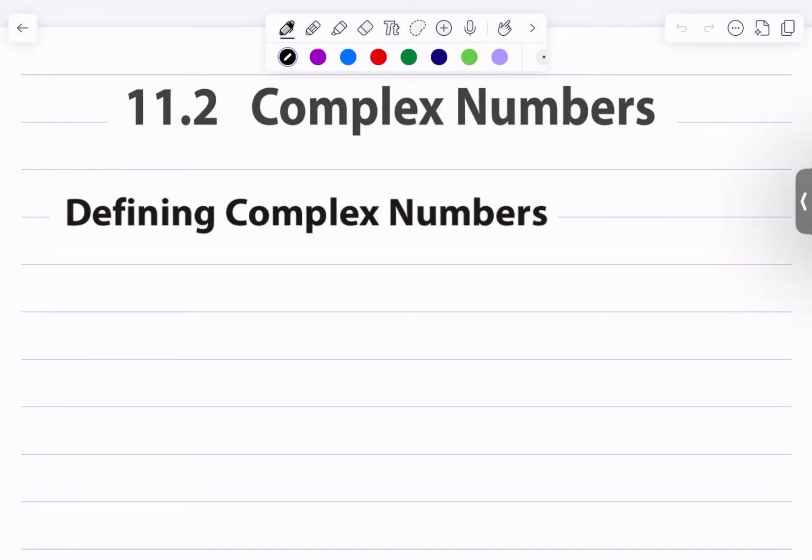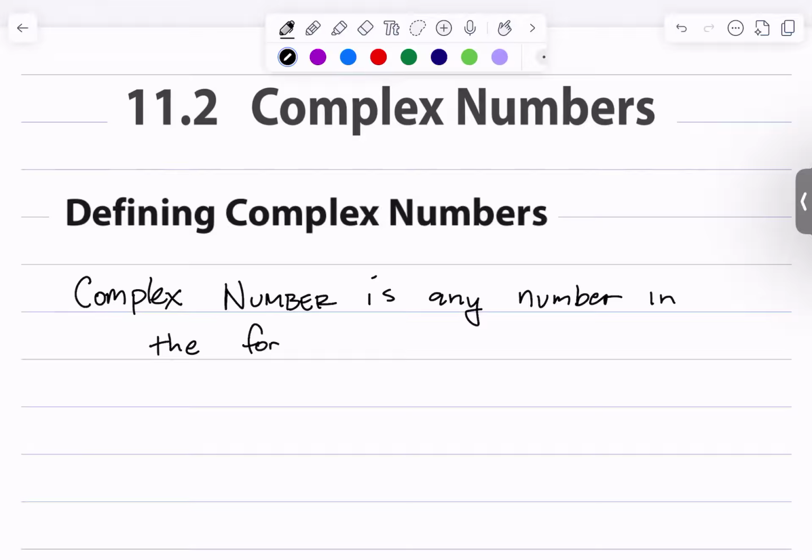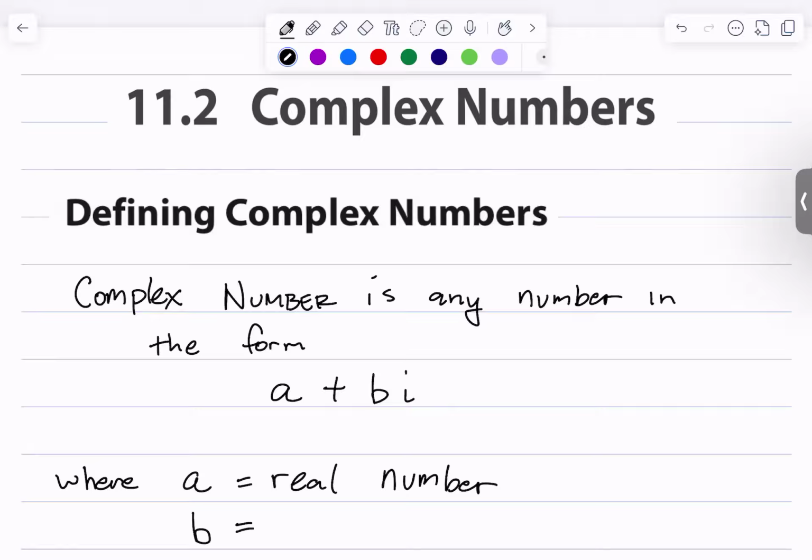And a complex number is just any number in the form a plus bi, where a equals the real number and b equals an imaginary number.